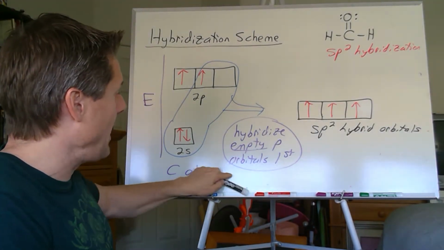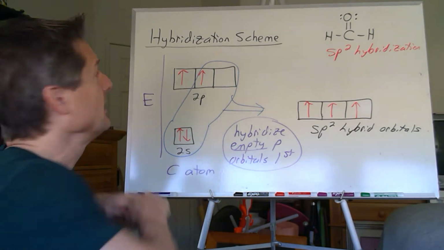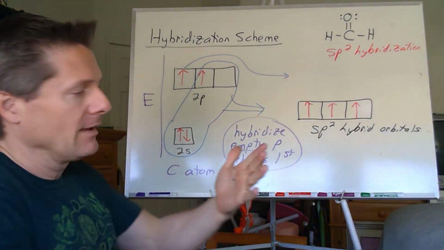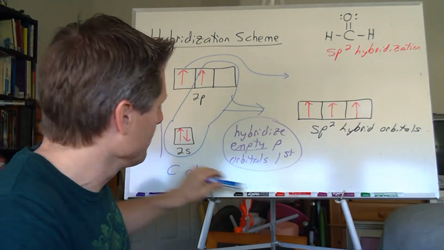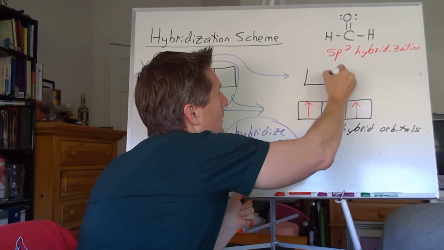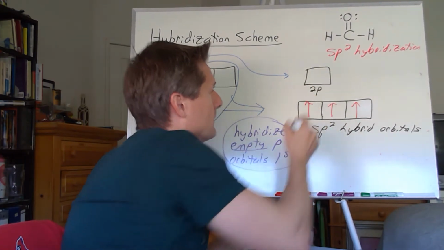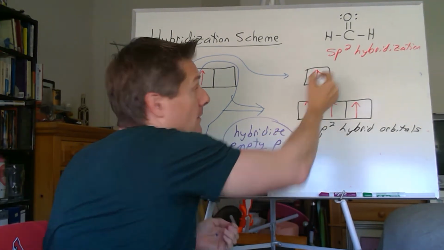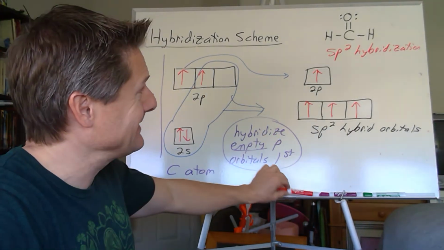But remember, we have this unhybridized p orbital. So that comes around here. So we've got the 1 p orbital here with a single electron in it. We have not run into that, my friends.